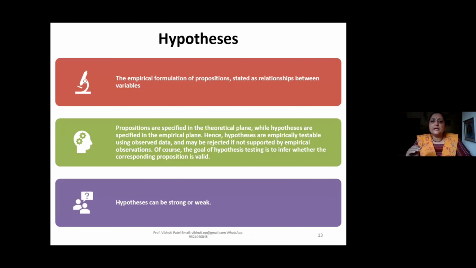So, the empirical formulation of a proposition is stated as a relationship between various variables. Okay, that's important. The propositions are specified in a theoretical plane, while hypotheses are specified in an empirical plane. Hypotheses are empirically testable. That means from whatever data you get from the field, through your observation and your interviews, you test your hypothesis.